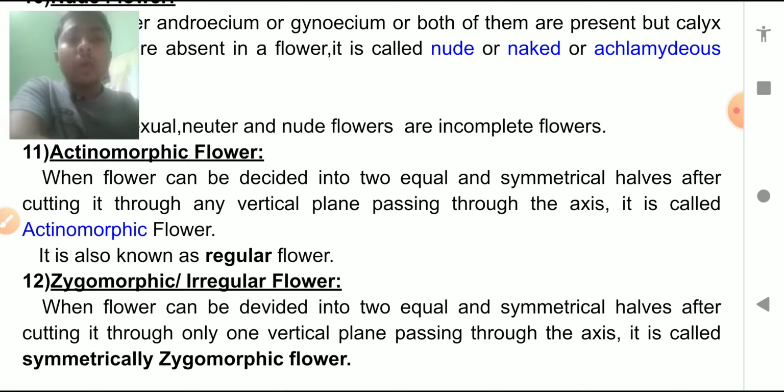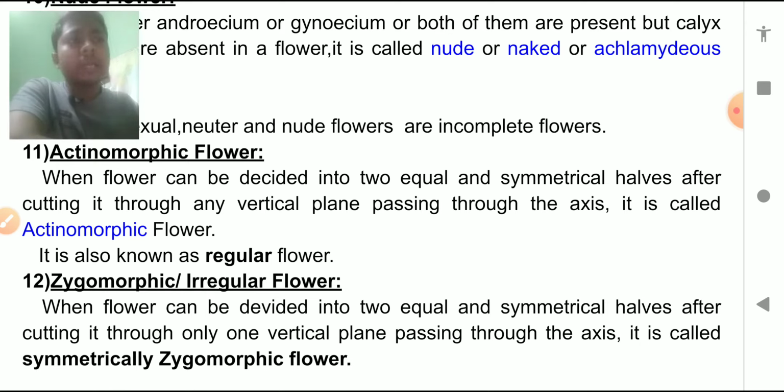Now, in the case of an actinomorphic flower, when a flower can be divided into two equal and symmetrical halves after cutting it through any vertical plane passing through the axis, it is called actinomorphic flower. You can take any example, such as Hibiscus rosa-sinensis.